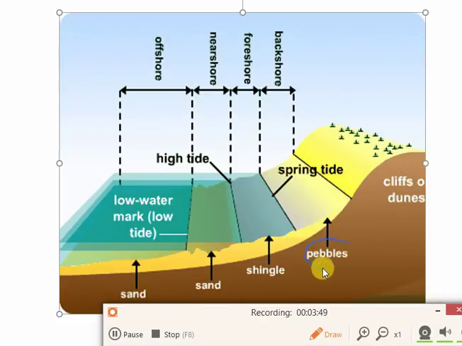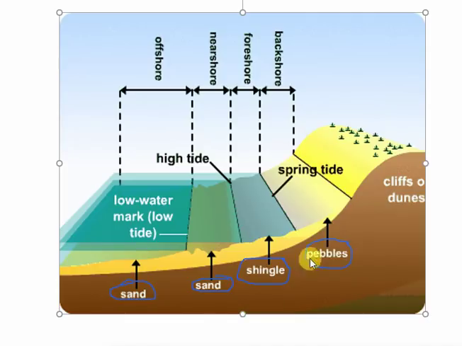If we have a look at the different types of sediment just here, we can see we've got pebbles, which we tend to find in the backshore, shingle, which is slightly smaller than pebbles, and it gets gradually smaller and smaller. That's because, if we use a bit of logic, you need more energy from the sea to get larger material further up the beach.